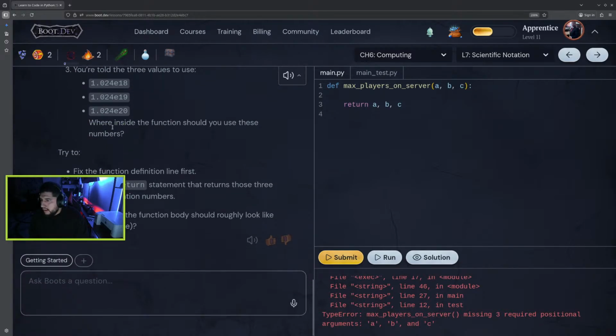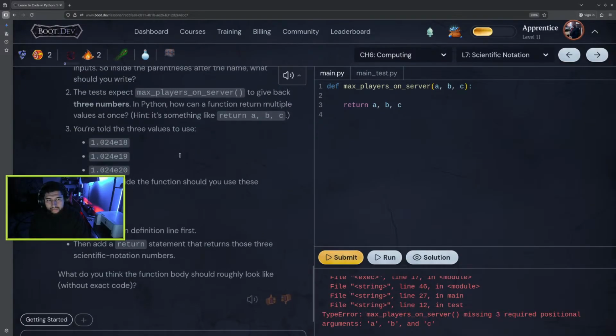Okay, where inside the function should you use these numbers? Okay.